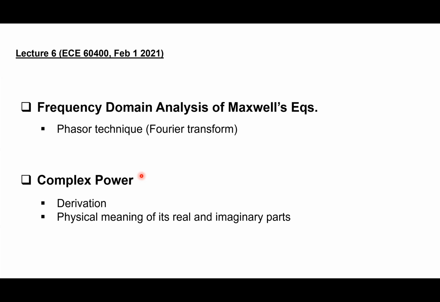And to do this, we're gonna see the phasor technique, which is widely used in circuit analysis. By the way, if there are any students who are from a different department, I mean, not electrical engineering department, then you may be familiar with this phasor technique to analyze transient circuit analysis.